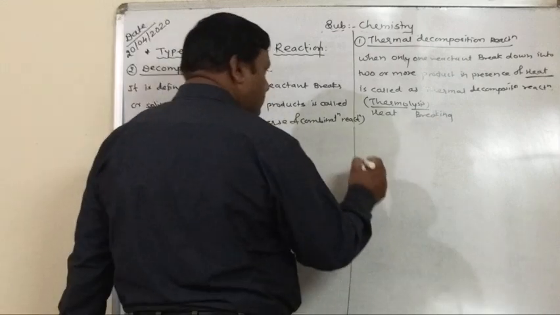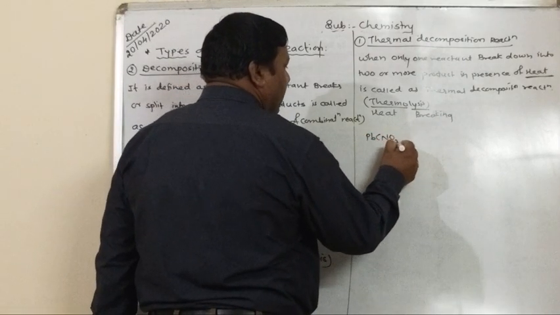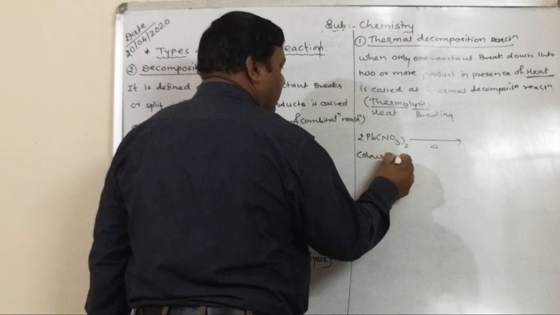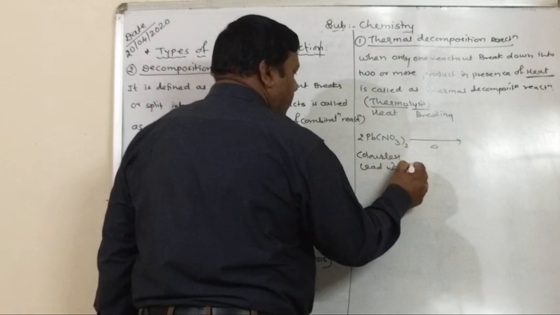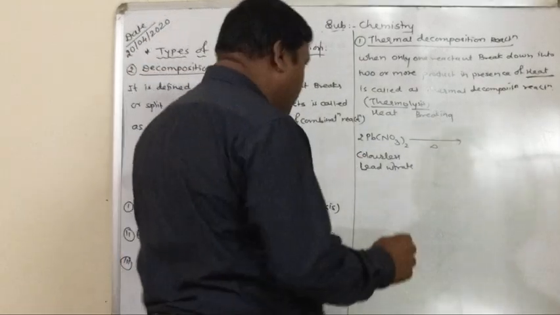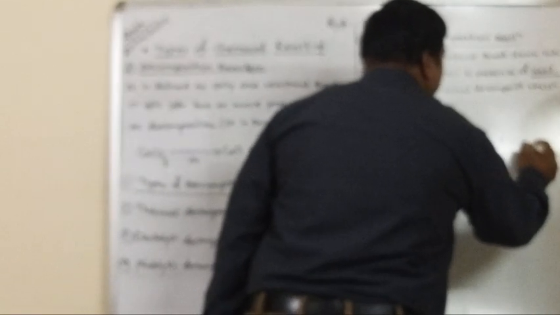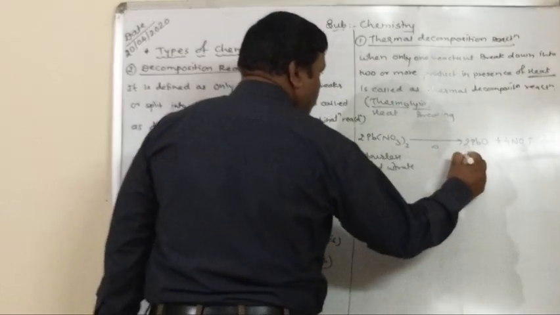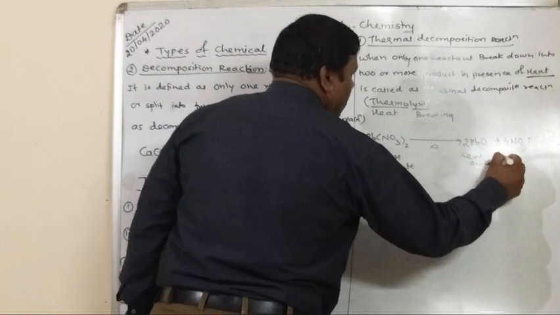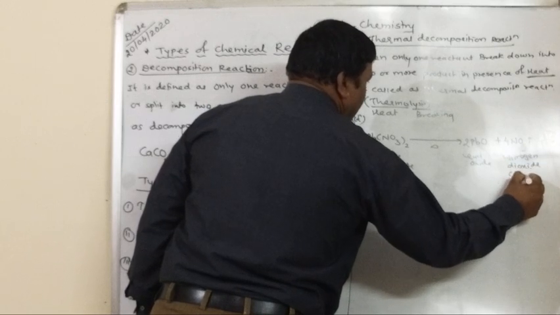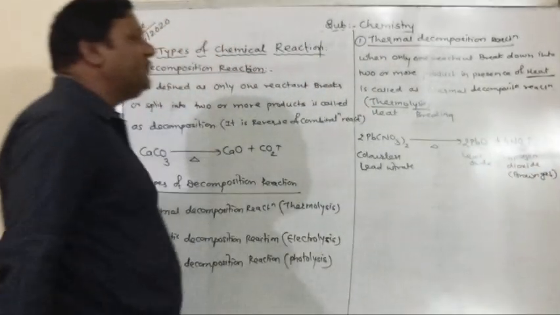So the compounds break down in presence of heat, that is called thermolysis. Just for example, lead nitrate. Lead nitrate is a colorless crystal. When it is heated, you get lead oxide, nitrogen dioxide and O2. Here nitrogen dioxide is a brown gas, and O2 is colorless.